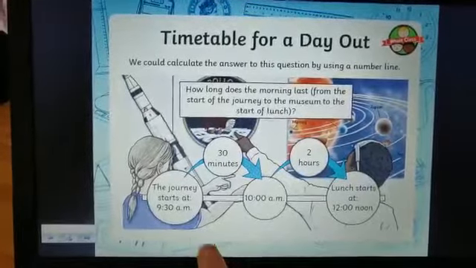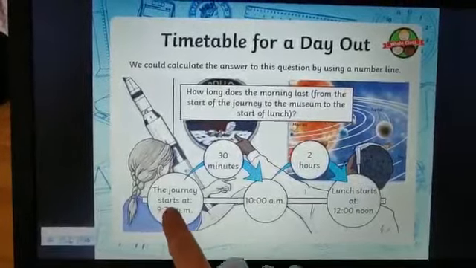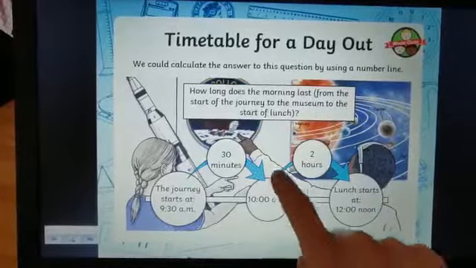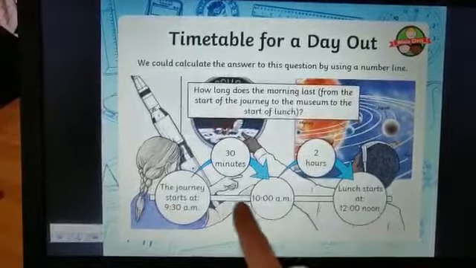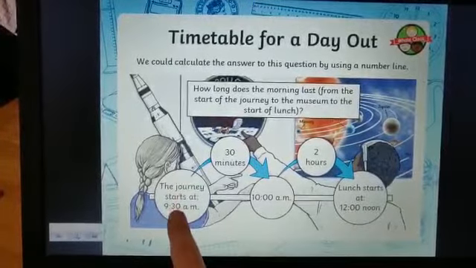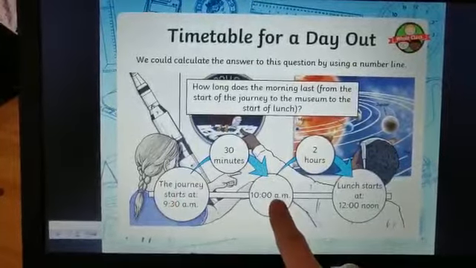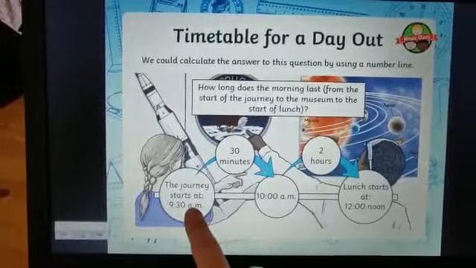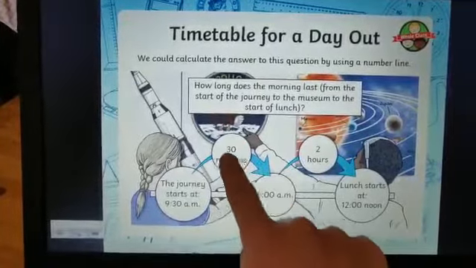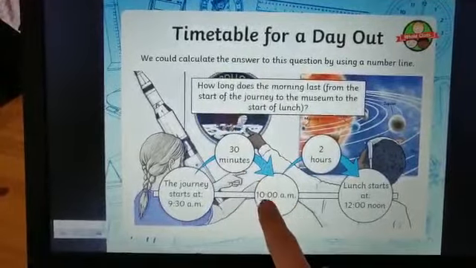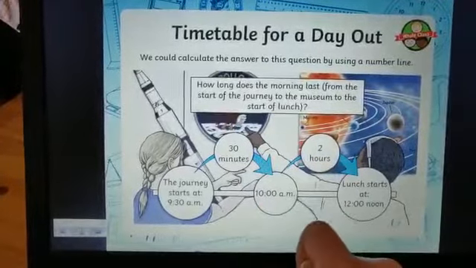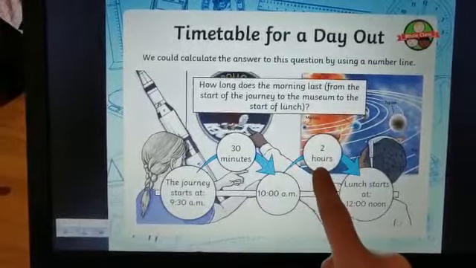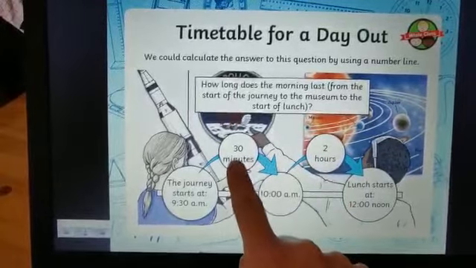So what we've done is we've used a number line to make some easier jumps. Rather than having to count all the way from 9:30 to 12, we've got rid of the minutes by taking it up to the next hour. So we've figured out how many minutes are left until the next hour, which is 30. And then to count in hours is really, really easy. From 10 till 12 is 2. So it's 2 hours and 30 minutes.